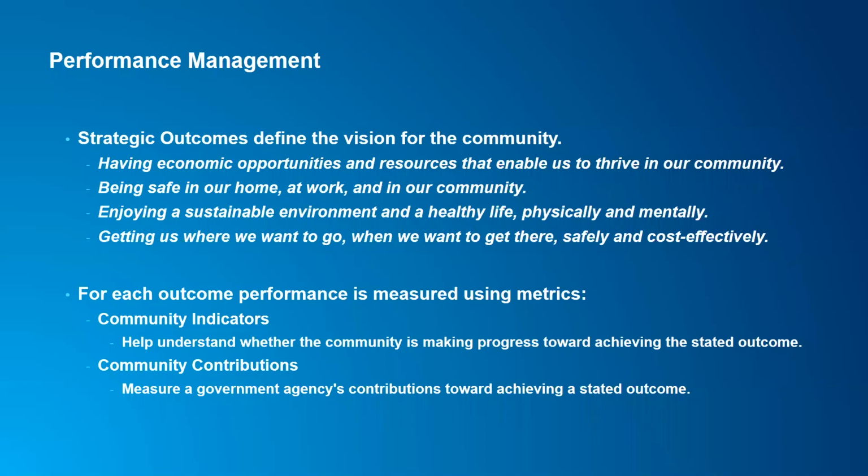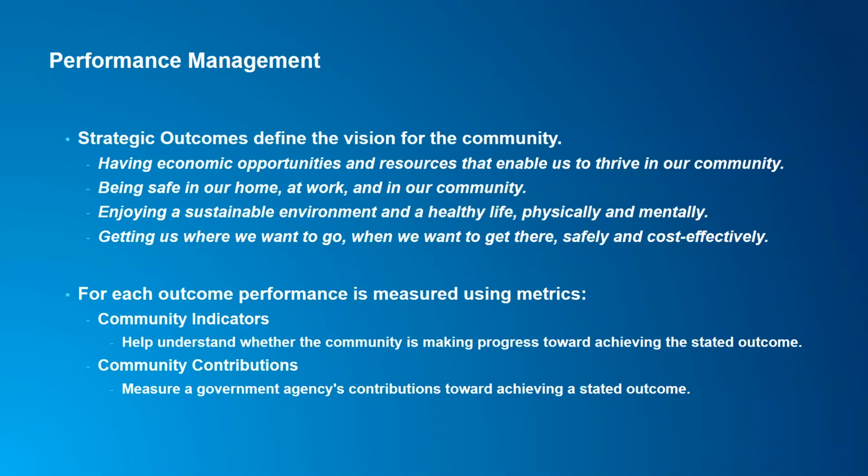And then for each outcome, performance towards achievement is measured using metrics, and they're categorized as community indicators and their related community contributions. We may also think of these as conditions and the corresponding actions we take to improve those conditions. So community indicators measure things that are beyond the direct control of the governing agency, but they impact people in the community.